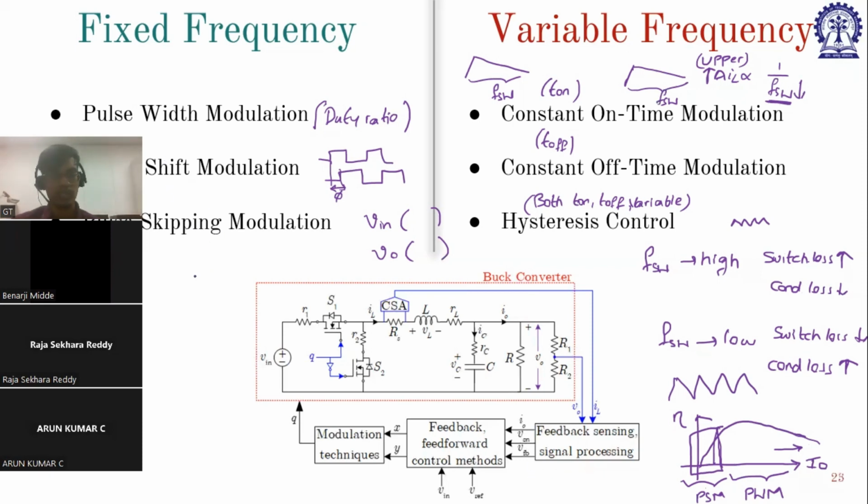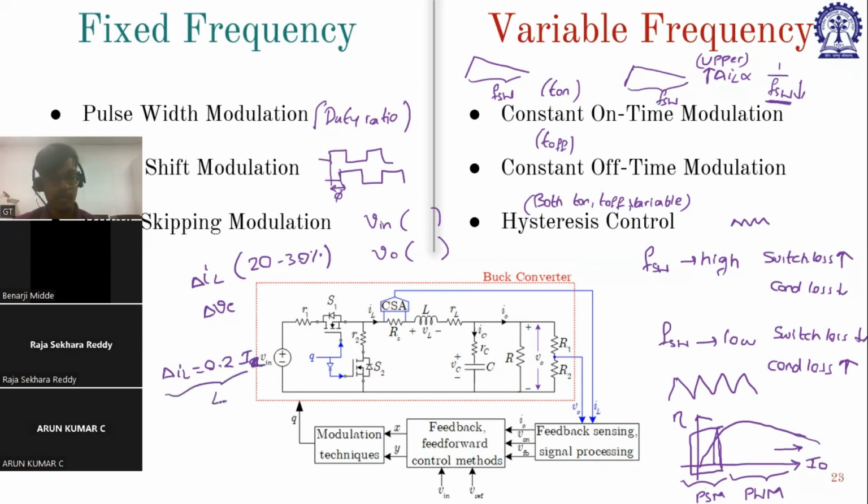So there are two things. One is delta IL, another one is delta VC. The thumb rule for IL is 20 to 30% ripple of the average inductor current. So say delta IL equals 20% of I naught, the average.